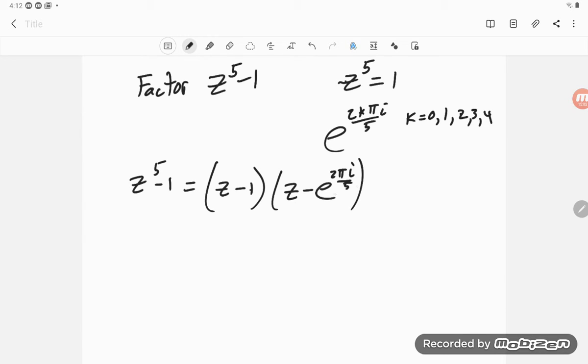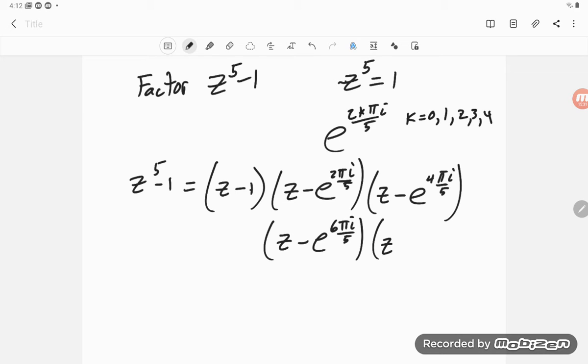And then times (z minus e to the 4πi over 5), times, got a couple more here, (z minus e to the 6πi over 5), and times (z minus e to the 8πi over 5).